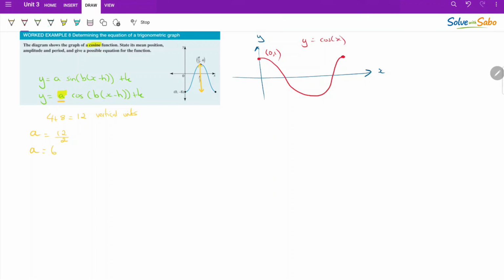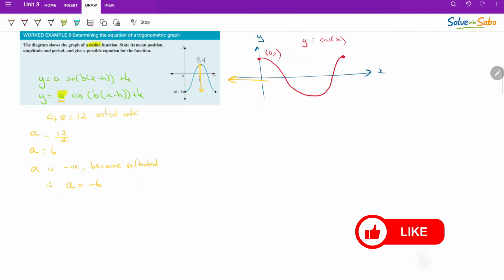Now, if we have a look at this graph over here, our graph has been flipped upside down. It's been flipped across the x-axis. So that means that my a is negative because it's reflected. Therefore a equals -6. I might actually move this working a little bit so it sits down here. So therefore our a is -6. So we've ticked that one off.